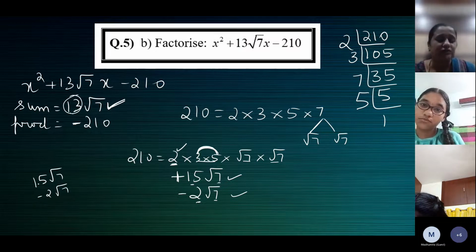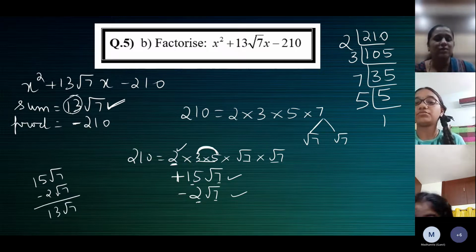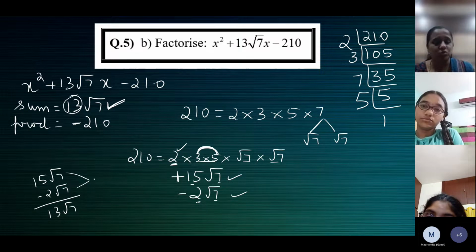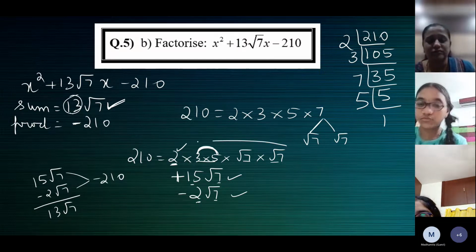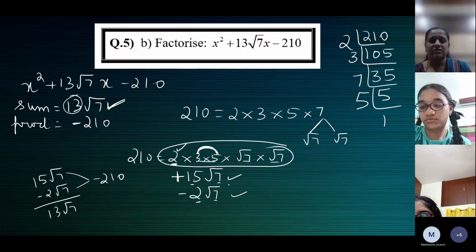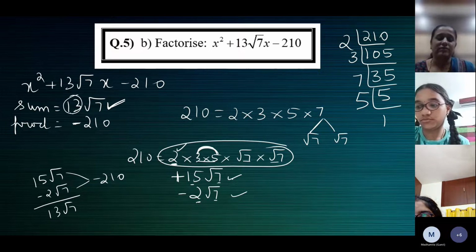You can see 15 root 7 minus 2 root 7 is 13 root 7, the sum. And when you multiply these two numbers, you will get 210, because we have made use of the factors of 210. The product will be 210, and it will be minus 210 because this is negative.